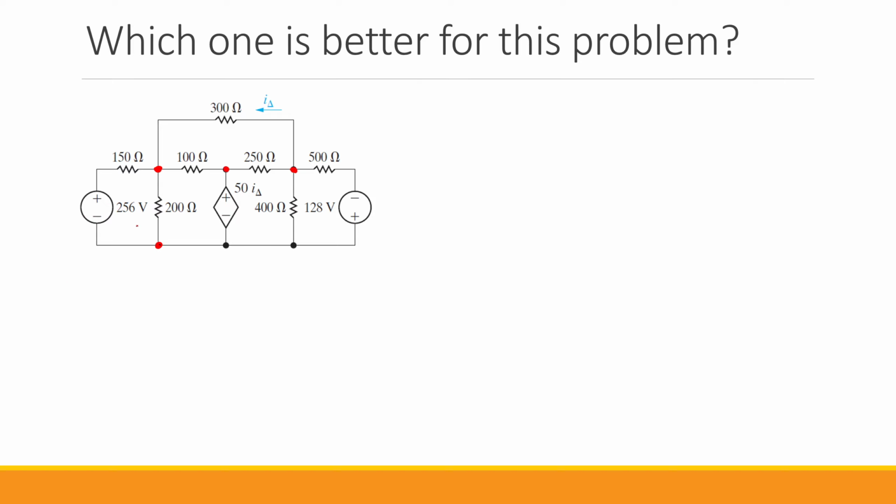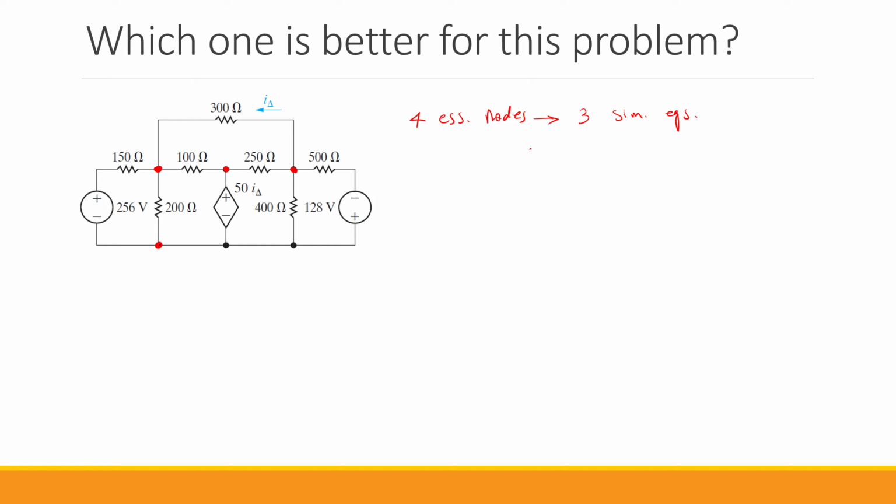So we have in total 4 essential nodes. Just by simply counting the number of essential nodes, we realize that we need 3 simultaneous equations to be able to solve this circuit.